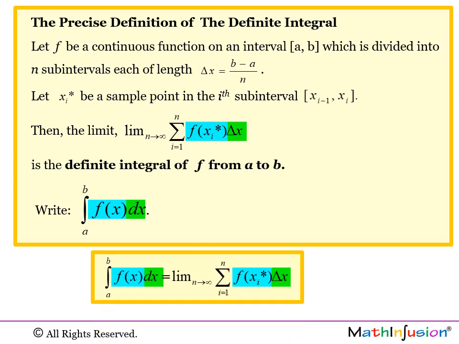In short, we conclude that the integral between a and b of f(x) dx equals the limit as n approaches infinity of the sum, i runs from 1 to n, of f of x sub i star delta x.